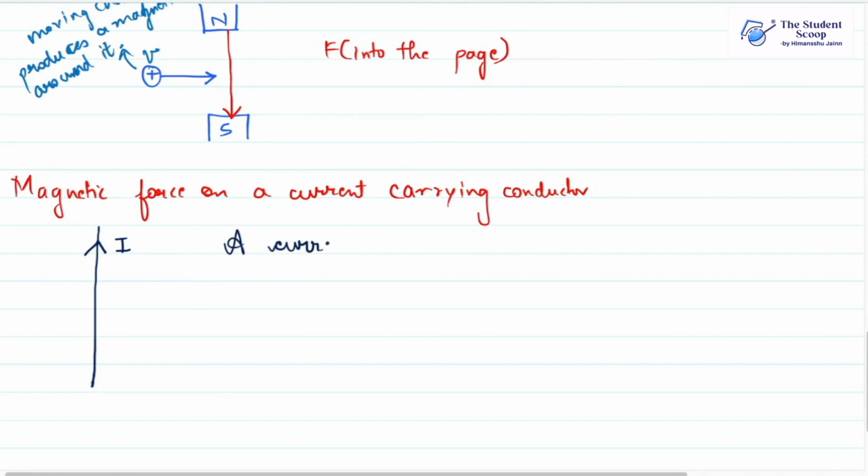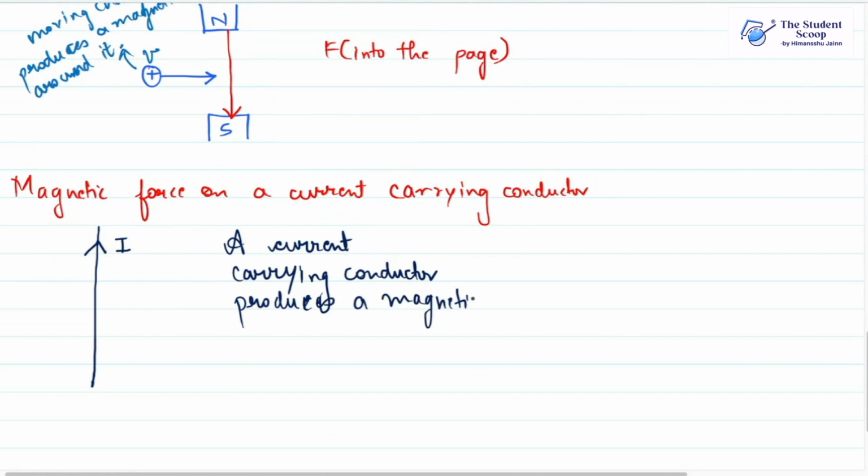Out of the page. So we have a current carrying conductor, and the principle states that a current carrying conductor produces a magnetic field around it. So if we have a conductor carrying current in the upward direction, in what direction will the magnetic field be?